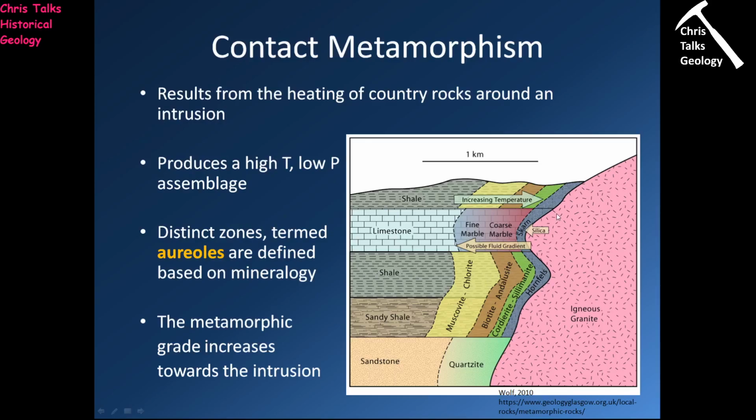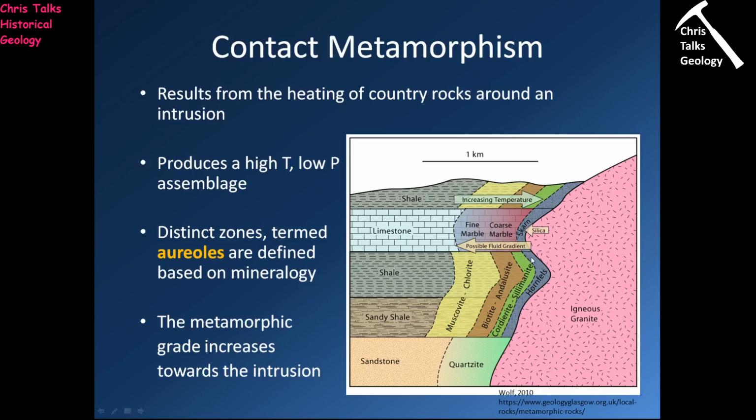Now, what happens is obviously the temperature is going to be higher for the rocks right next to the intrusion, and the temperature is going to steadily decrease as you move away from the intrusion. Basic common sense. Now, once again, that means we have a steady change in temperature, and that's going to drive a change in the minerals that we see.